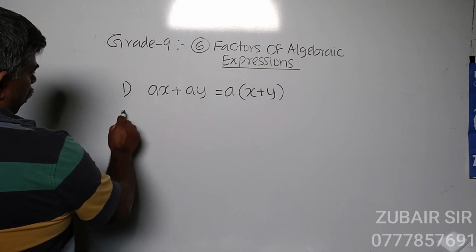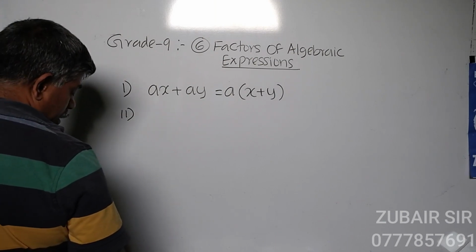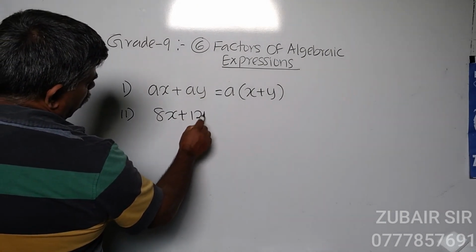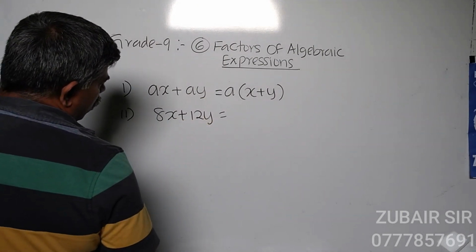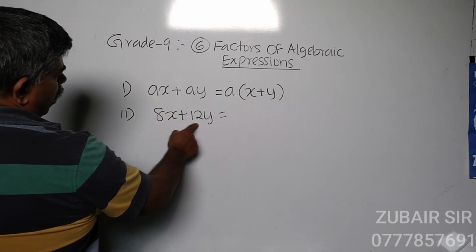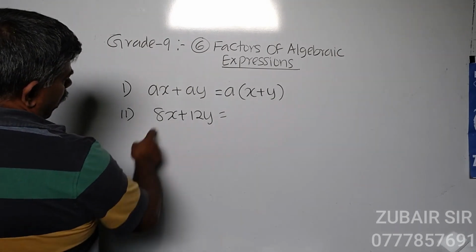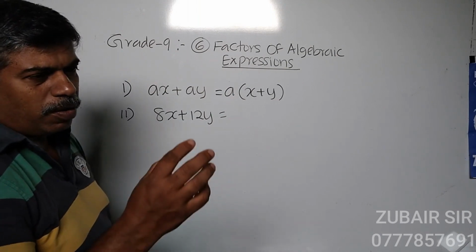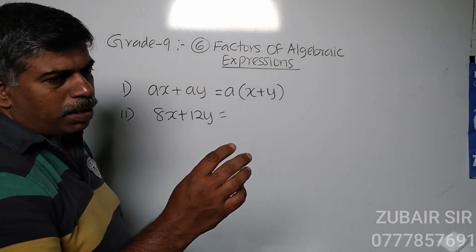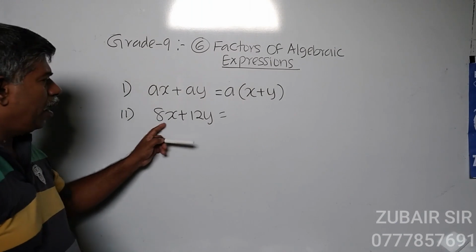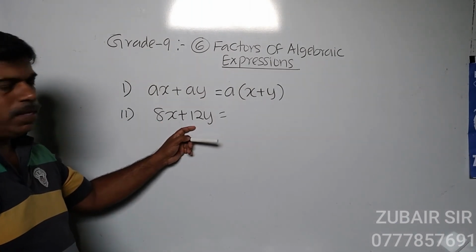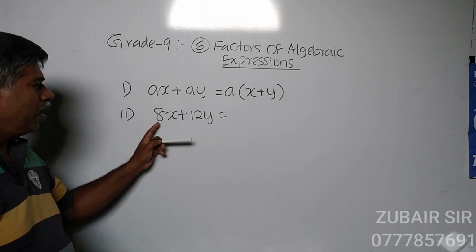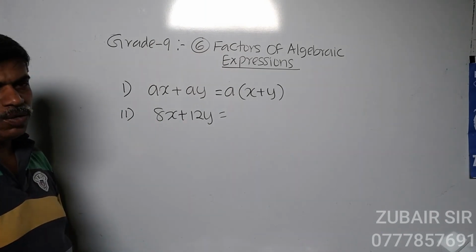Now say you are getting 8x plus 12y. When you compare 8x and 12y, here 8 is there, here 12 is there. Then you have to think, what is the biggest common number that can be taken in 8 and 12? What is the biggest possible multiple? HCF can be taken in 8 and 12.